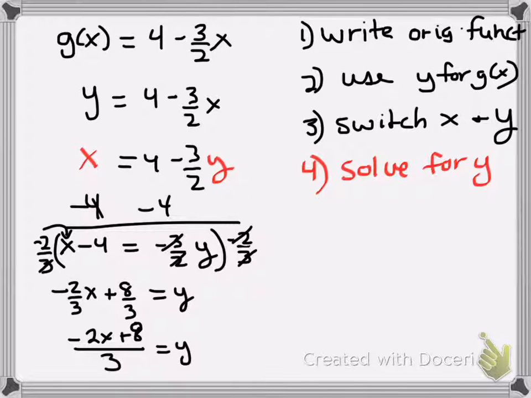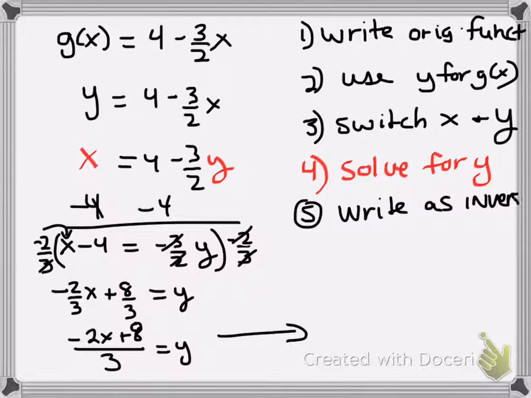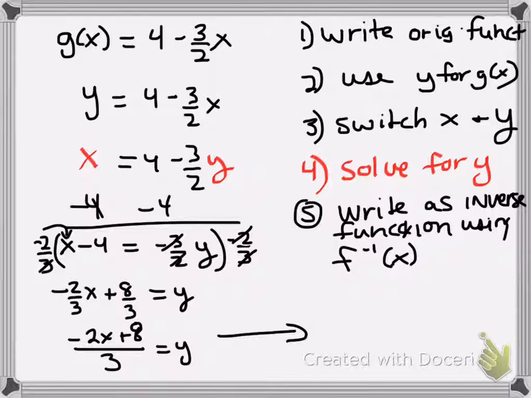But if I write it in inverse function form, number 5, we are going to write it as an inverse function using f to the -1 of x, or g if they use g.